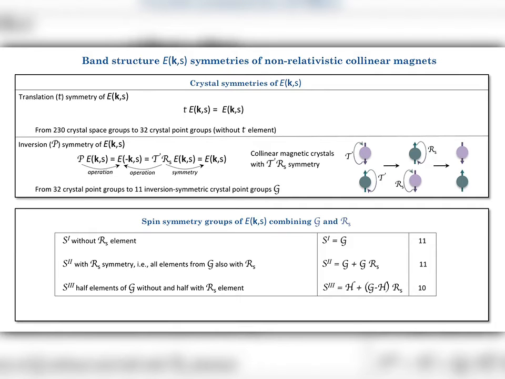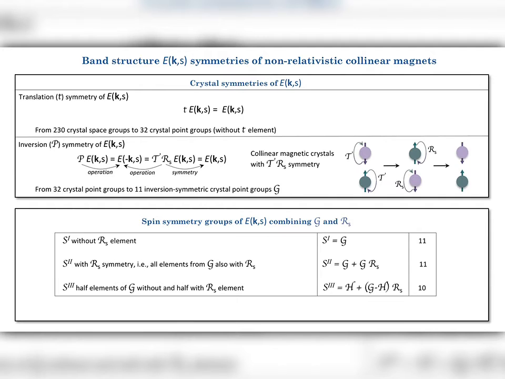We do not have to consider translation when developing the spin groups, because momentum and spin-dependent energy bands are invariant under the translation operation. So instead of considering all 232 crystal space groups, we can limit the classification to the 32 crystal point groups. Those are the groups which do not contain the translation symmetry element.